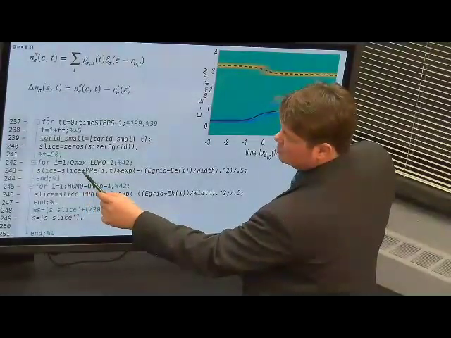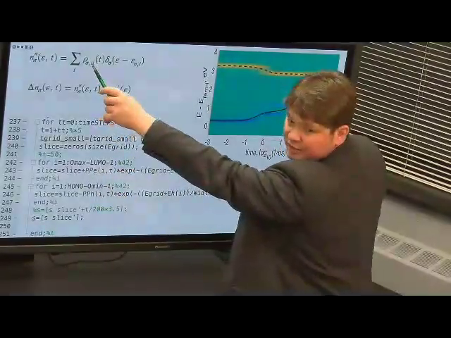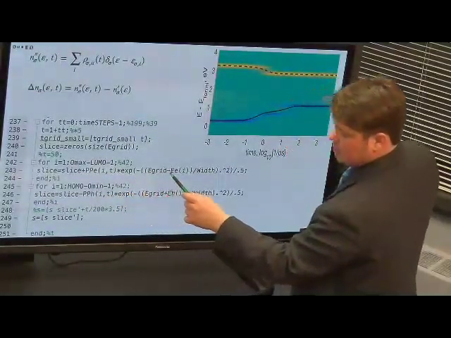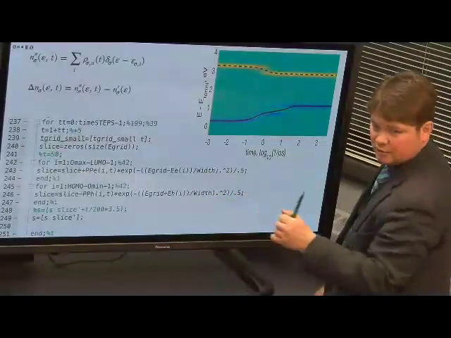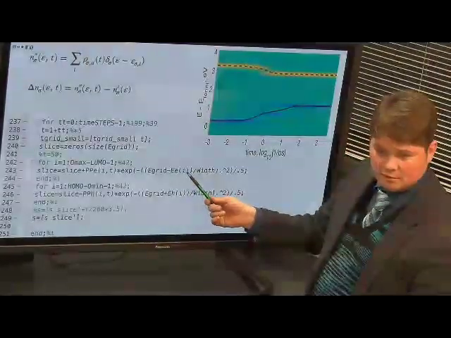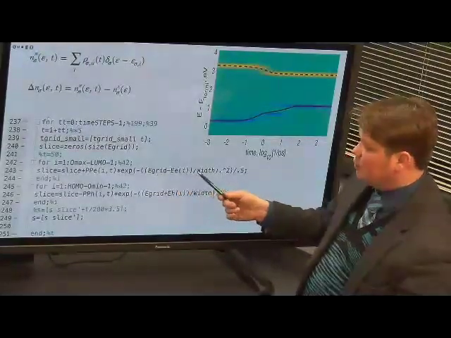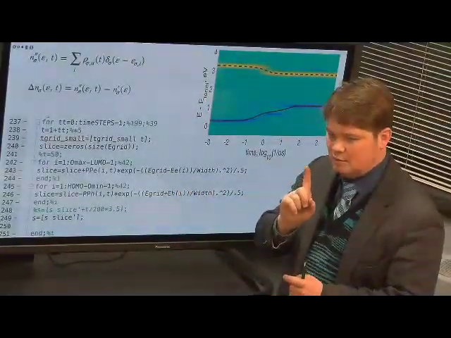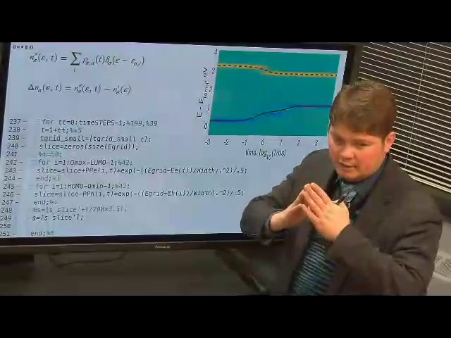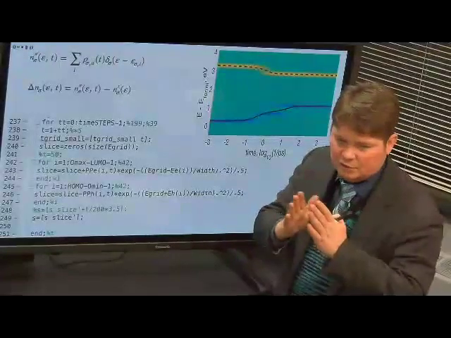So the distribution at time t is PPE, the element of the density matrix of orbital i at time t, times the exponential of a Gaussian, with the Gaussian representing this delta function at the energy of electron orbital number i. Since those are continuous functions, instead of a sharp peak only at exactly the energy of the orbitals, we get a kind of smearing. This is especially important if you have very high density, or if the energies of orbitals change in time.